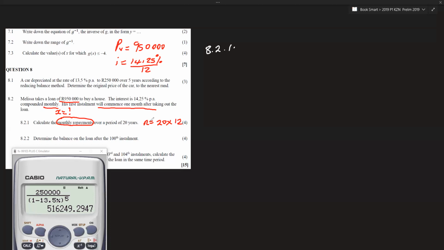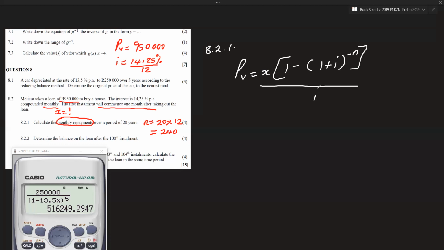So what is 20 times 12? That should give us 240. As we all agreed, we're going to use the present value annuity formula, which is 1 minus 1 plus i to the negative n, all over i.